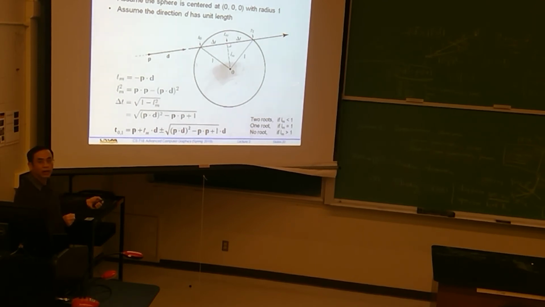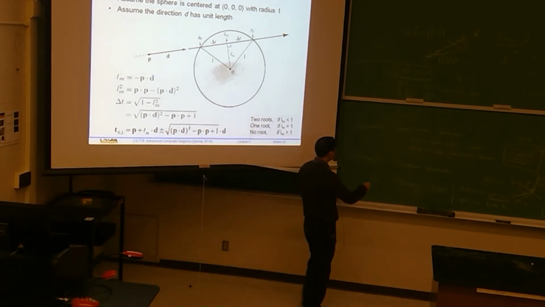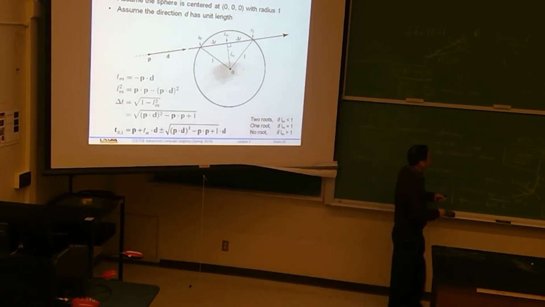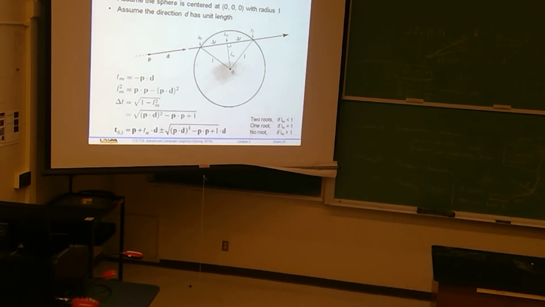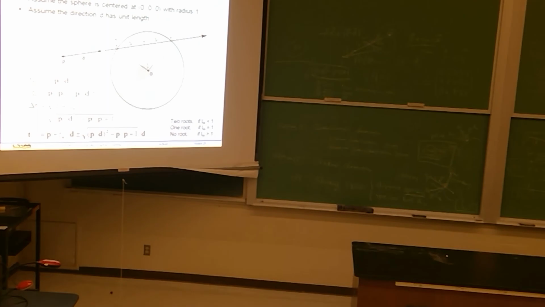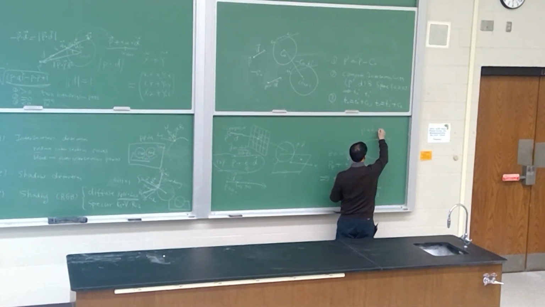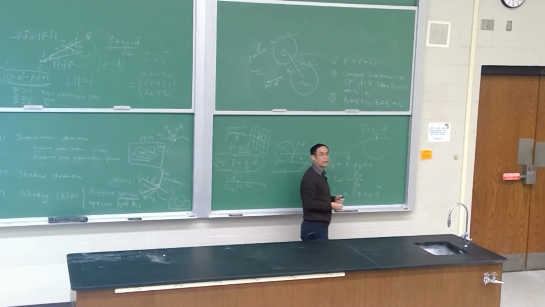It should be a vector added to a point, not another point. In other words, this is P plus delta T times D. It's a vector, and it's a scalar. That's actually this point, right?